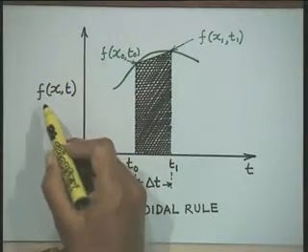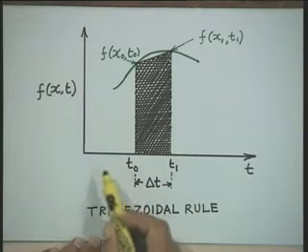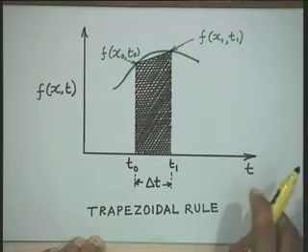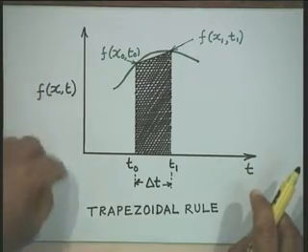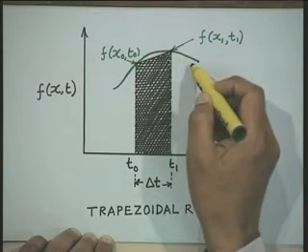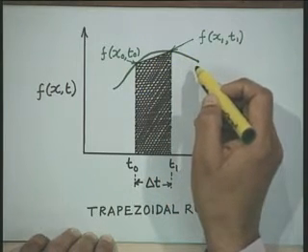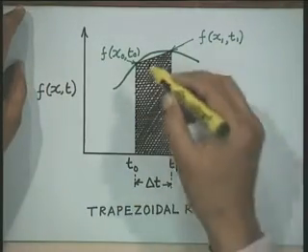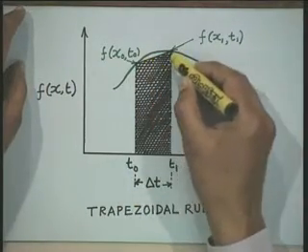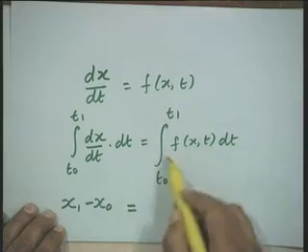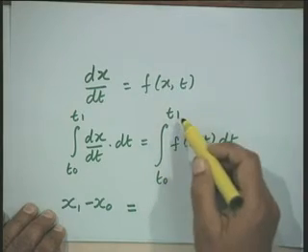If I plot the function f of x, t as a function of time, and let us assume that this is the actual solution, then if I am trying to evaluate this integral, it is the area under this curve from t naught to t1.